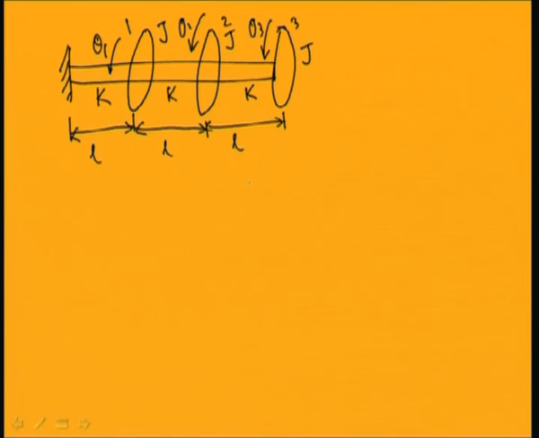Already you know the stiffness K of the system can be written from this formula: T by J equal to G theta by L, or T by Ip, where Ip is the polar moment of inertia of the shaft, T is the applied torque, G is the rigidity modulus, theta is the rotation and L is the length of the shaft.